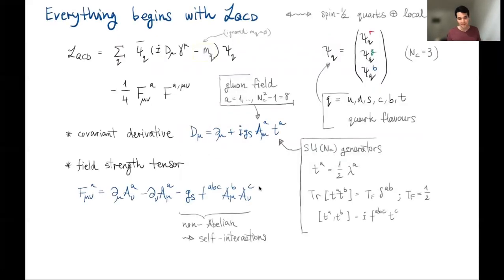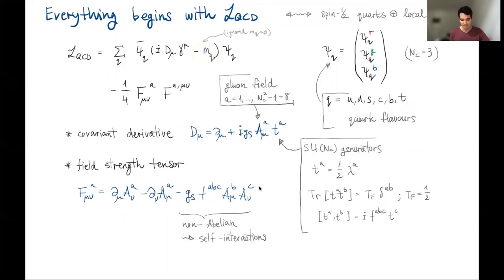As I already said, everything starts with the QCD Lagrangian. Essentially, this is spin-1/2 quark matter with a local SU(N) gauge symmetry imposed, where N is 3. In the first line, we have the fermion content. We have the sum over q, where q are the quark flavors: up, down, strange, charm, bottom, and top.